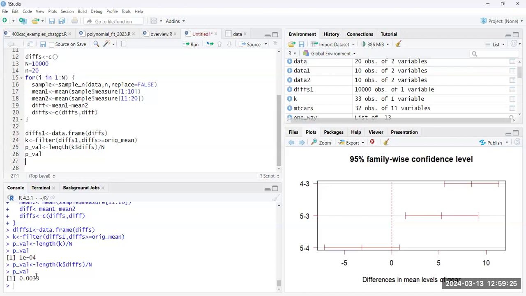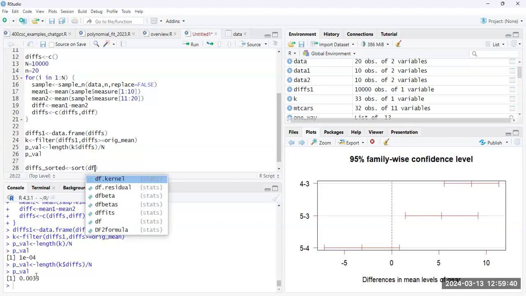Now, we can also then, of course, sort our list in order to get our confidence interval. So diffs sorted. We're going to sort our diffs.